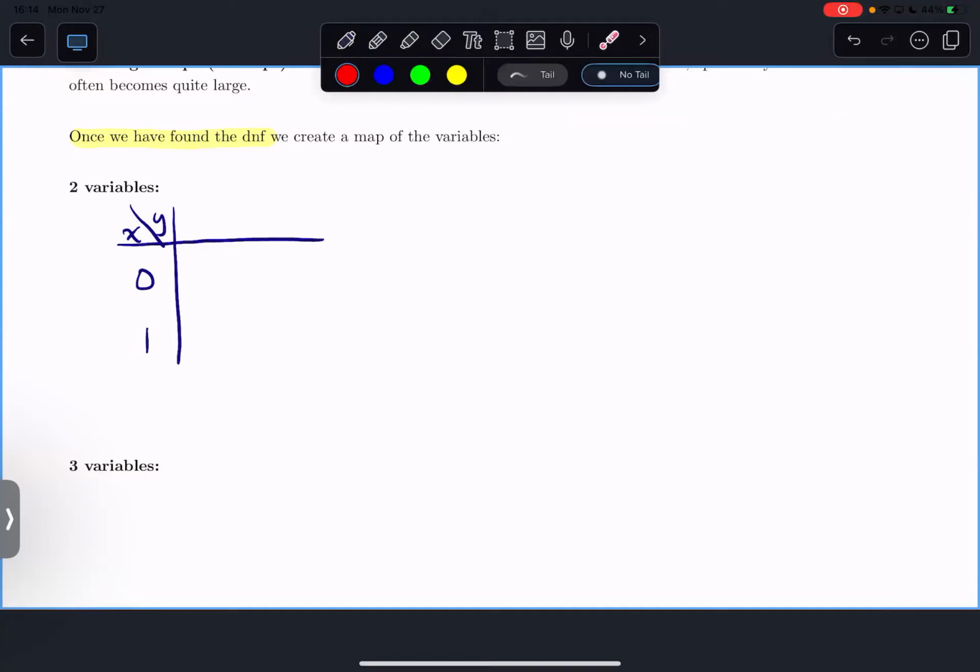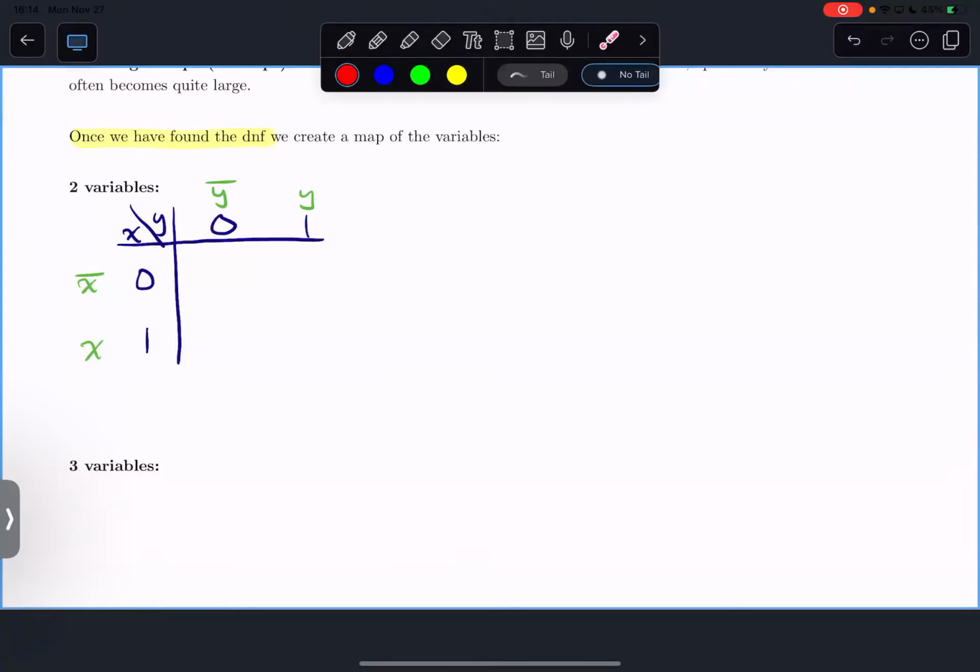And on the horizontal axis, I'm going to have the possible values for Y, which are 0 and 1. Because it's our first one, I'll note that a 0 for X says that X is off, and a 1 for X says that X is on. Whereas here we have Y is off and then Y is on.